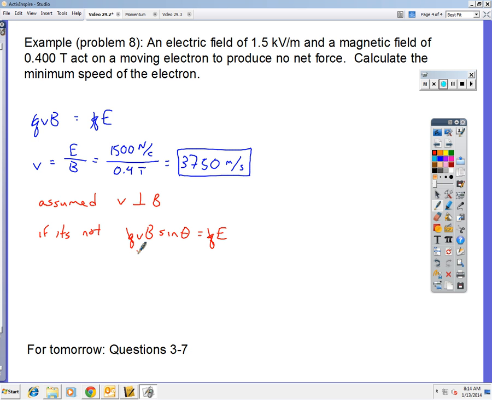Once again, we can divide by Q, and then we find that velocity equals E over B sine theta. The result of this is that for any value of theta other than 90, sine is less than 1, and that makes velocity larger. And so the minimum velocity occurs when the velocity is perpendicular to the field.